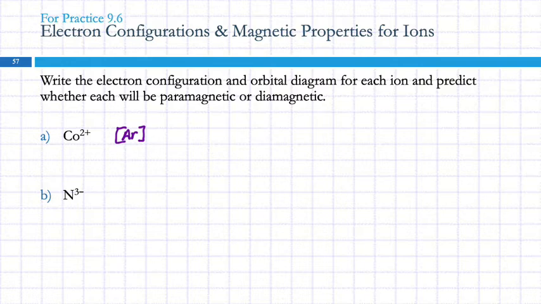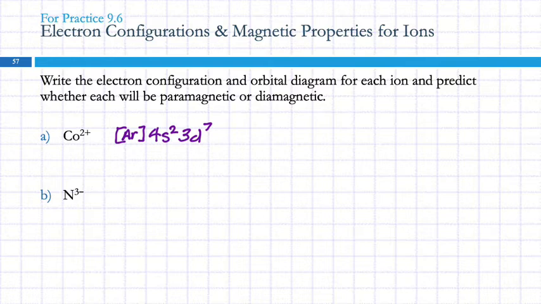Sorry. After argon, we get to 4s2. And then the next part is 3d, because that sank down, right? And we count across 1, 2, 3, 4, 5, 6, 7. So that is for cobalt, the atom.